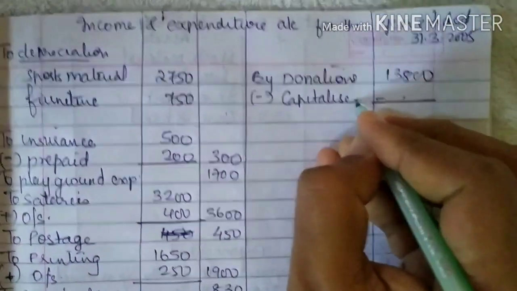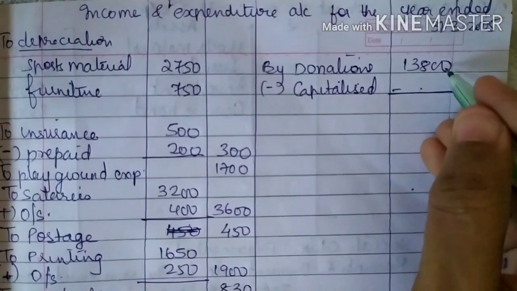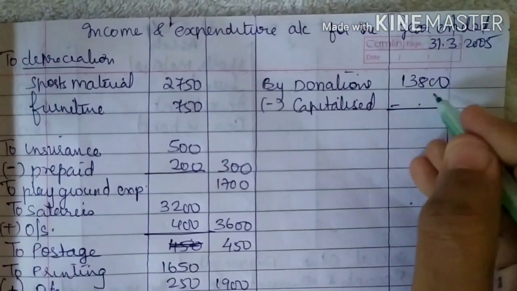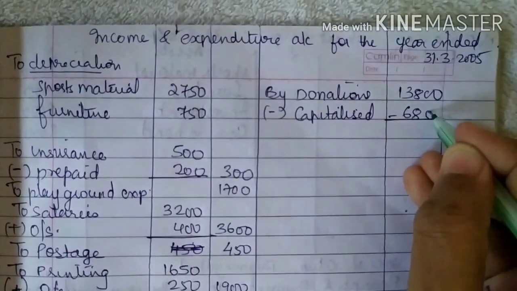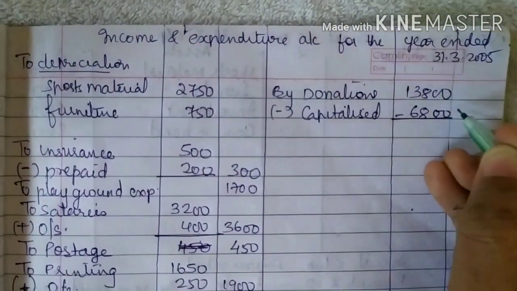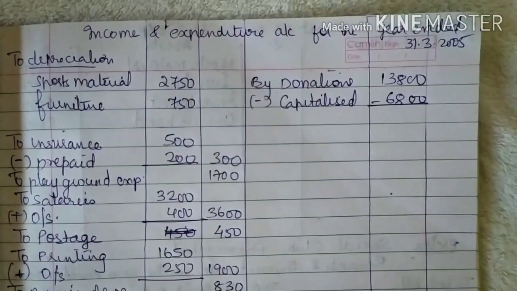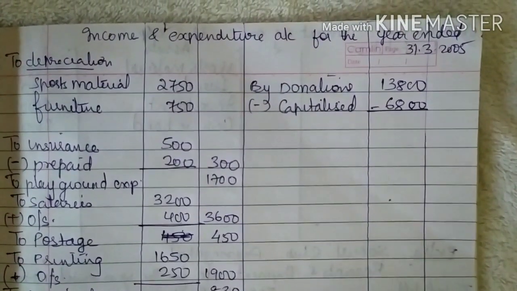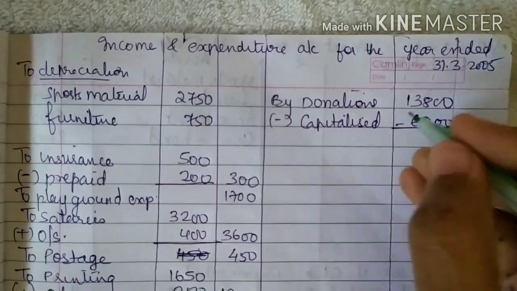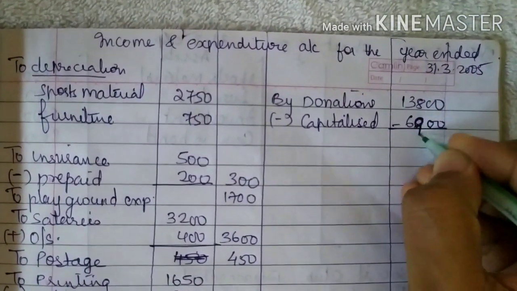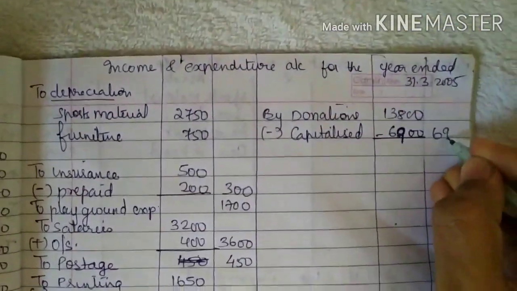कैपिटलाइज्ड, तो कितना आएगा हाफ उसका? 13,000. 13 का हाफ होगा 6,500, 13,000 का 6,500. 13,000 minus 6,500, so on subtracting you will be getting 6,500.